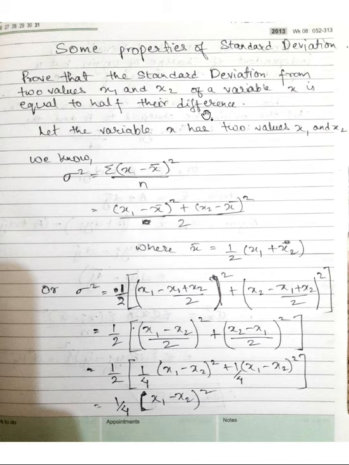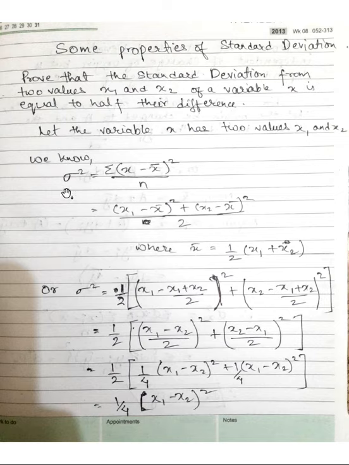So first of all, we have a variable x which has two values or two observations x1 and x2. So let the variable x have two values x1 and x2. Now we already know the variance is the square of standard deviation. So the formula for variance is given by summation x minus x bar whole square divided by n.